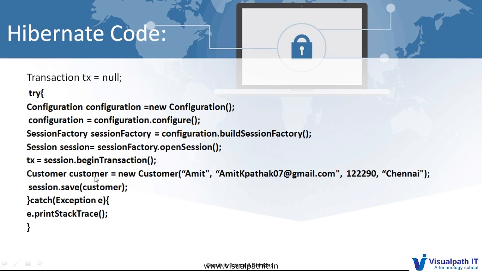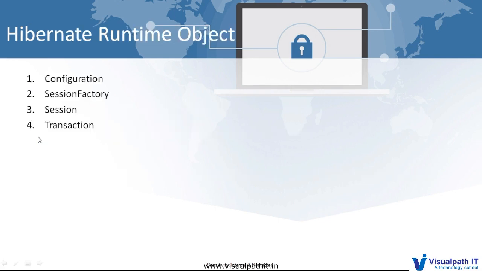After that we have a customer object, which we create through the default parameterized constructor. I store this object by session dot save. So the complete code is dependent on 4 things: transaction, configuration, session and session factory.